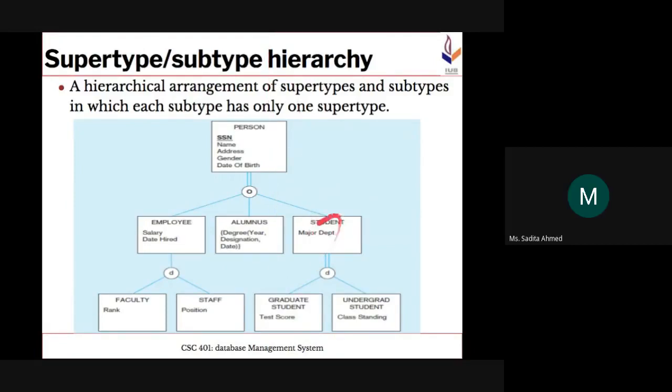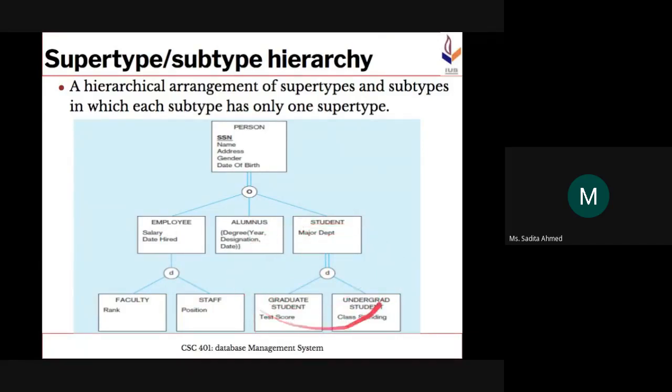Come again, what rule are we following here? Disjoint rule. Disjointness is D. For the completeness constraint, it's total specialization. Total specialization rule, that's right. The rule that we're applying here, Krishanu, is the total specialization rule by the completeness constraint.